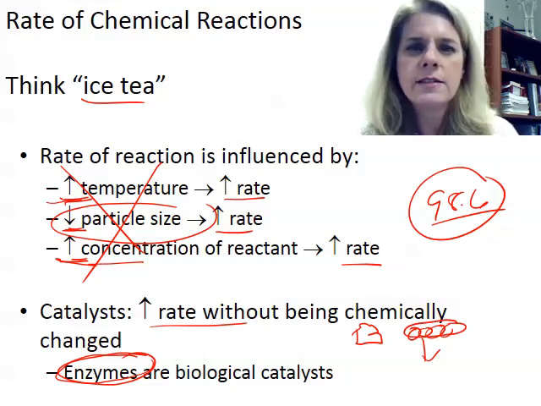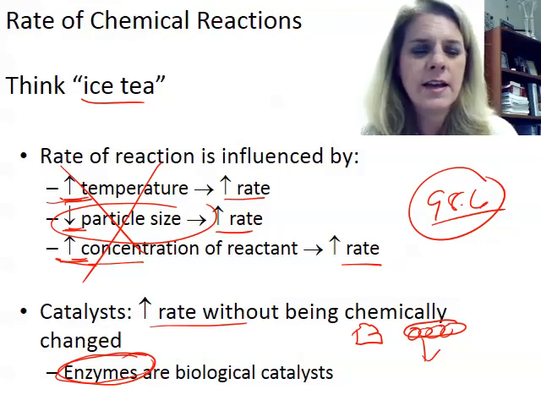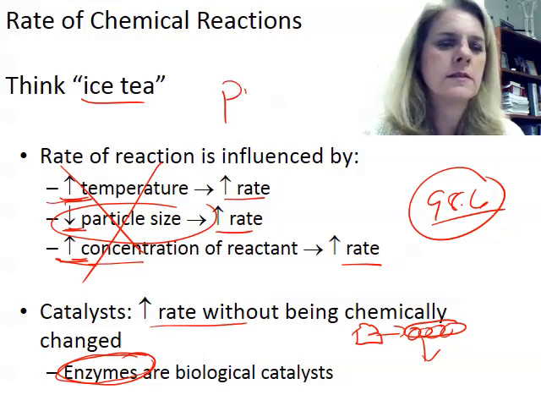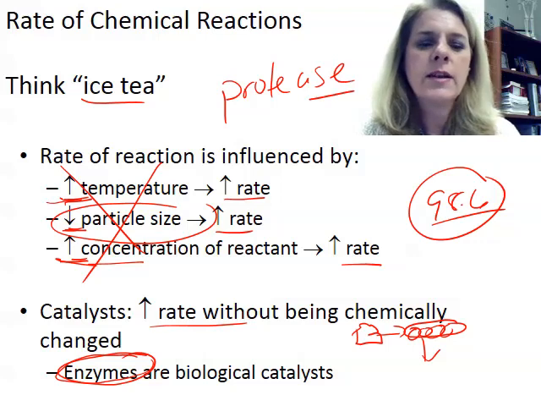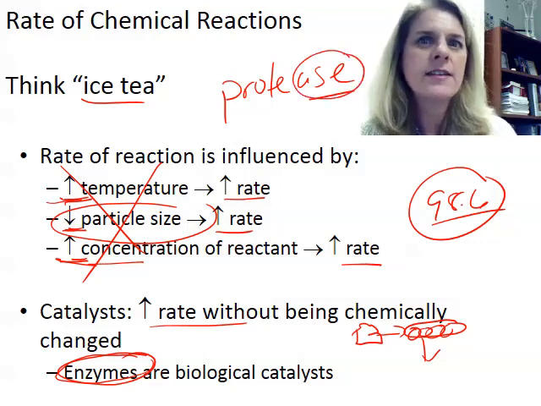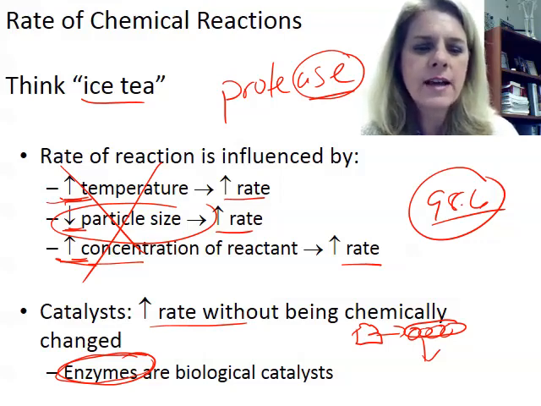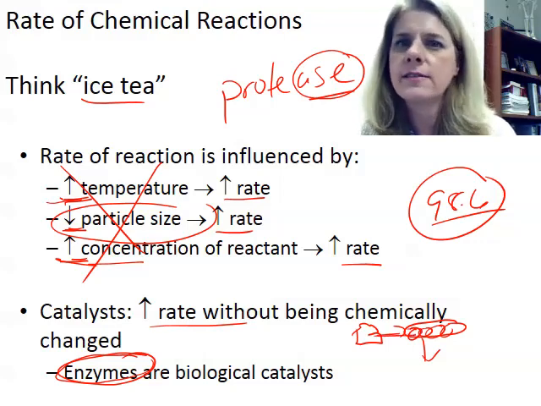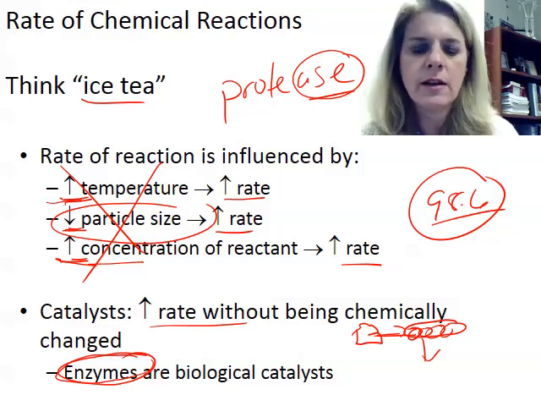If I eat that steak and it's sitting in my intestines, it could sit there all day and not do anything until an enzyme comes in, a protease. So anytime you see the last three letters ASE, that's an enzyme. A protease breaks down protein. This enzyme will come in and start breaking down that steak for me because the steak's made out of protein.